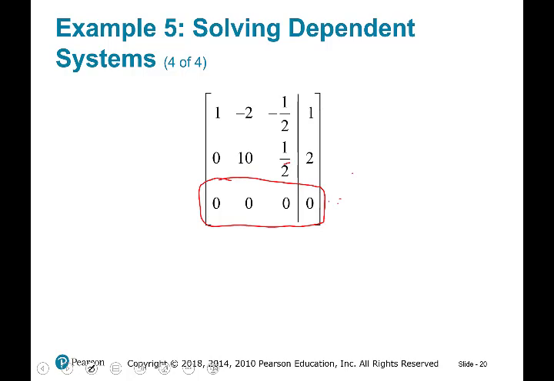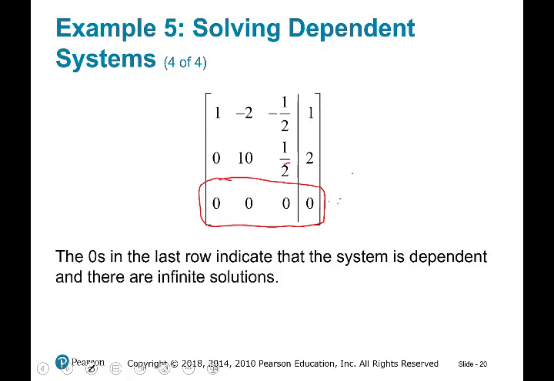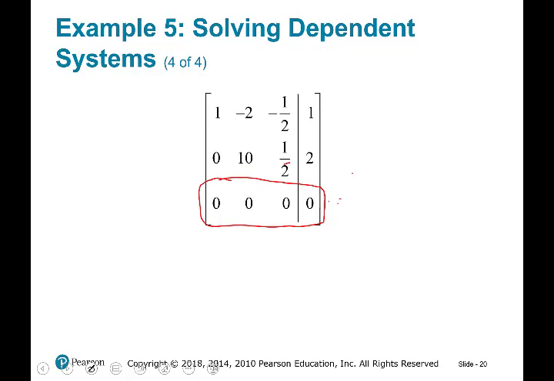Why dependent? Because if you put this in the system of equations, x minus 2y minus 1/2 c is equal to 1. Here I have 10y plus 1/2 c equal to 2. Here I got nothing, 0 equal to 0.